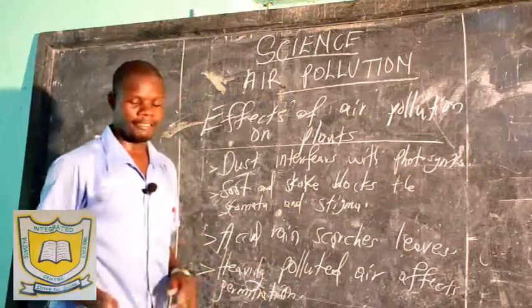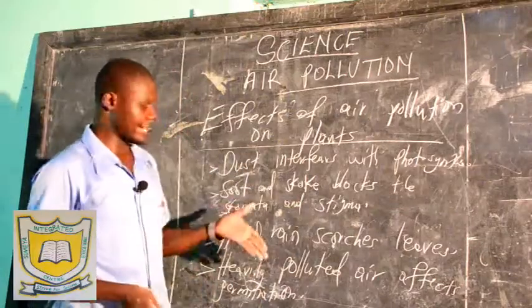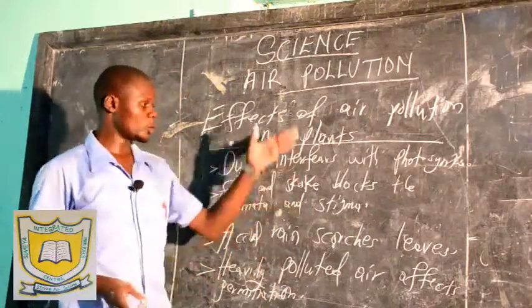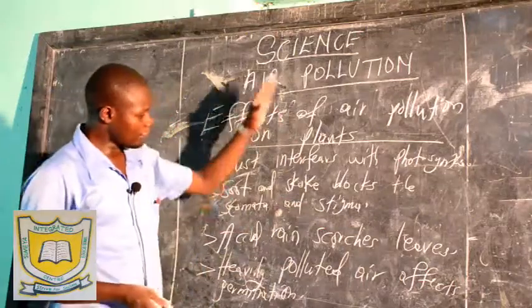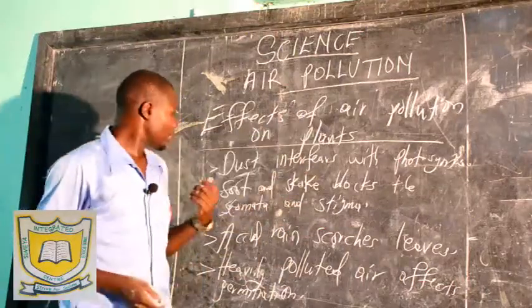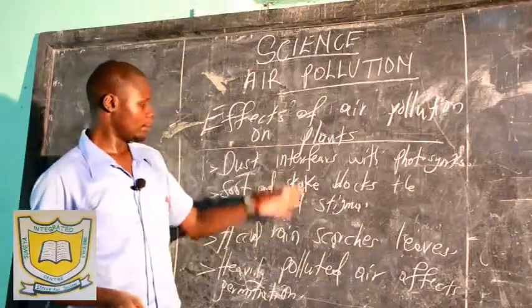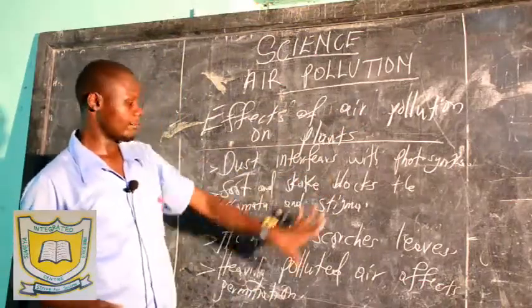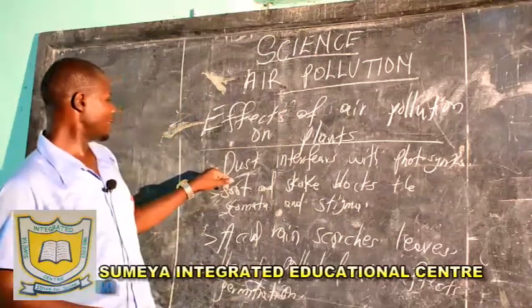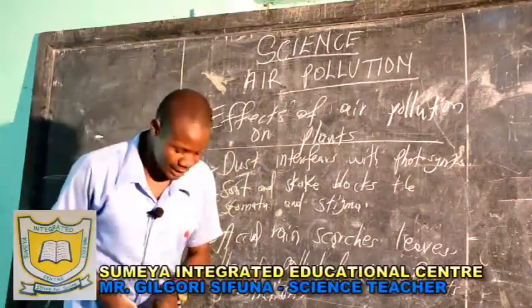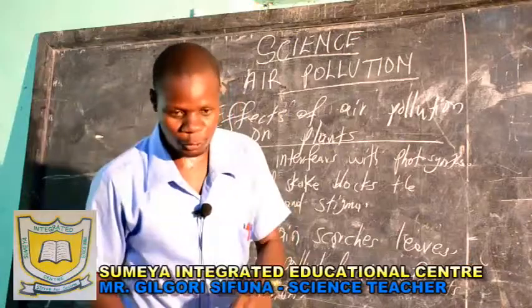These statements are self-explanatory. You understand all these scientific terms. I will just go through them very fast because you have covered almost everything here. It's only to state that air pollution is also supporting the effects that have been narrated here. One, dust interferes with photosynthesis. You understand the meaning of photosynthesis.